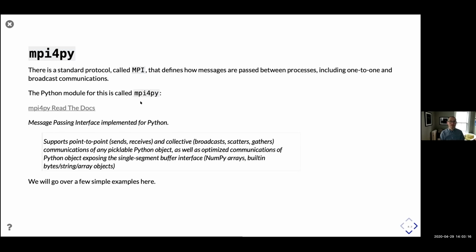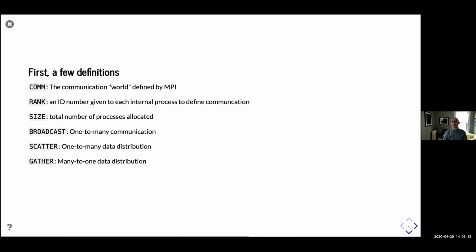Okay, so it's helpful to have some definitions before we get going. These are standard terms that are used in MPI, regardless of which flavor of MPI you're using. If you're using MPI in C, C++, or Python, these are basically the same terms. The first one is the COMM, the communication world that's defined by MPI.